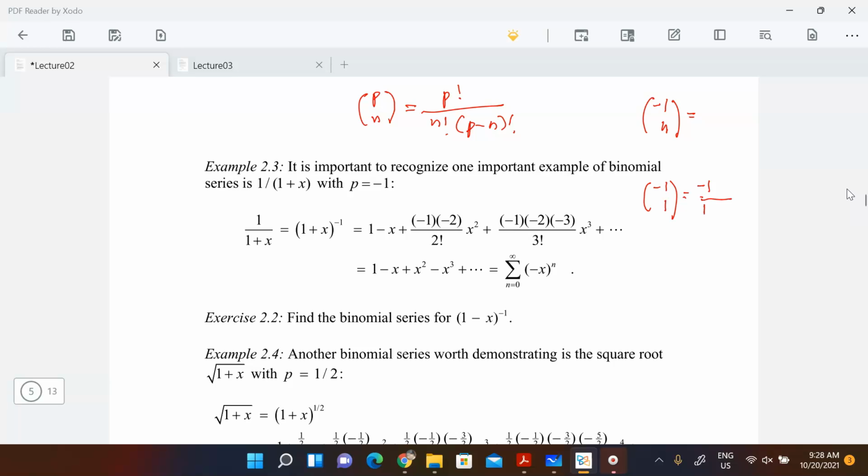Just hang on a minute. 1 factorial, let me do this properly. 1 factorial and then minus 1 factorial. Then I will have minus 2 factorial, which is not what I want. Hang on, how should I think of this?